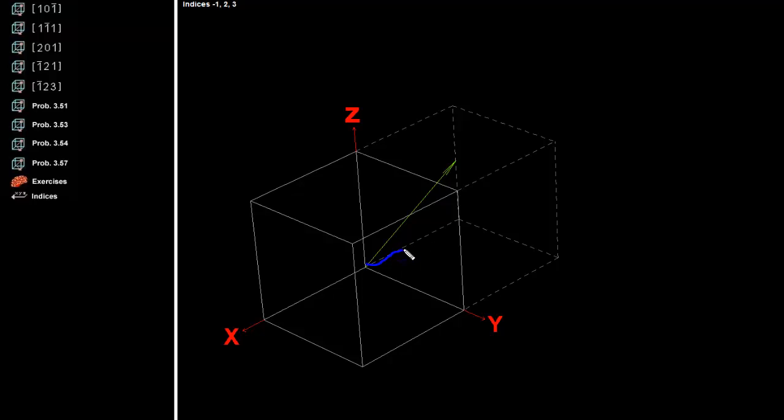And then I'm coming over about 2/3 in y, and then I'm going up a full 1 in z to about that point.